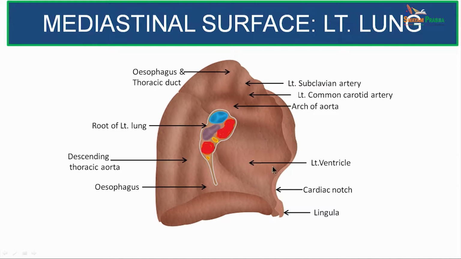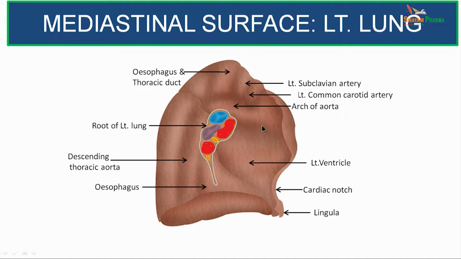And anterior to the hilum, we have the cardiac impression, which is mainly formed by the anterior surface of the left ventricle and part of the anterior surface of the right ventricle.